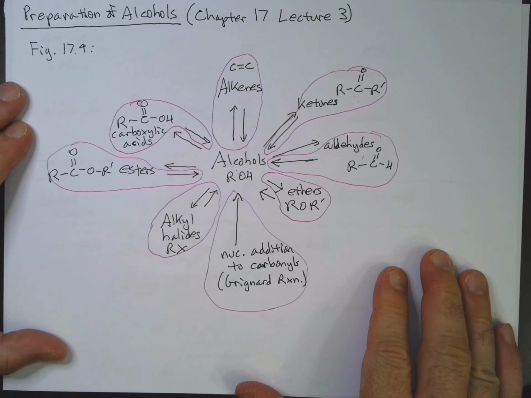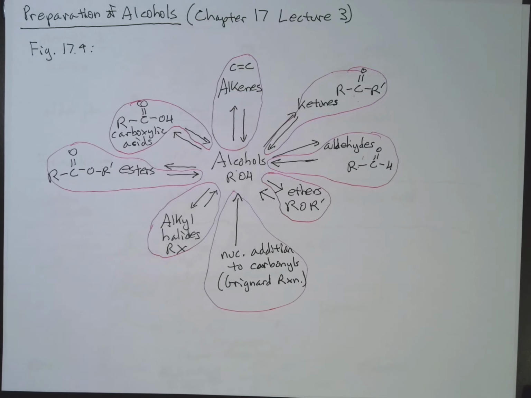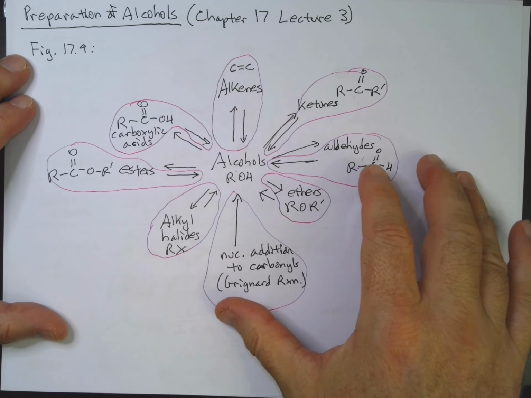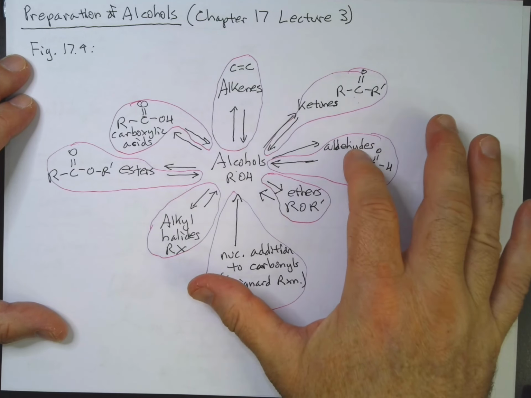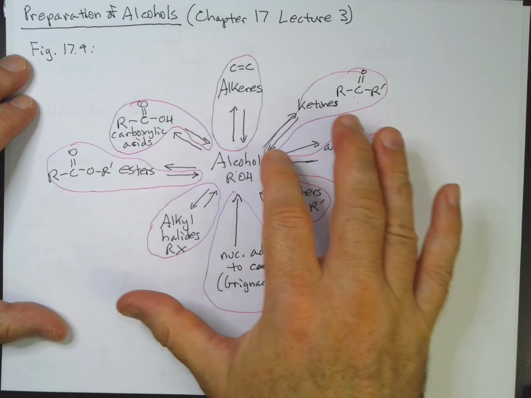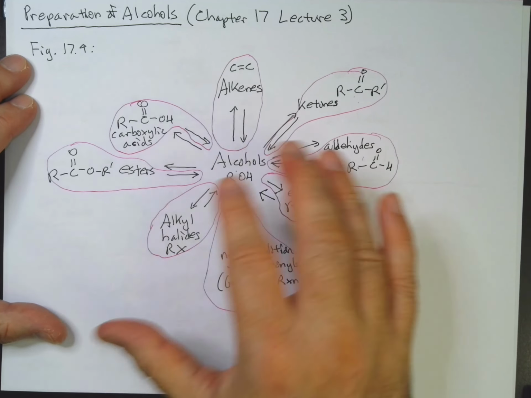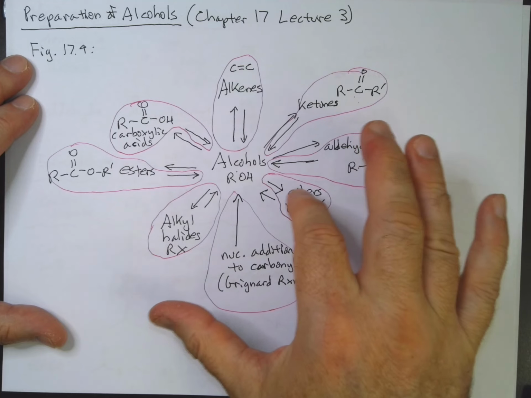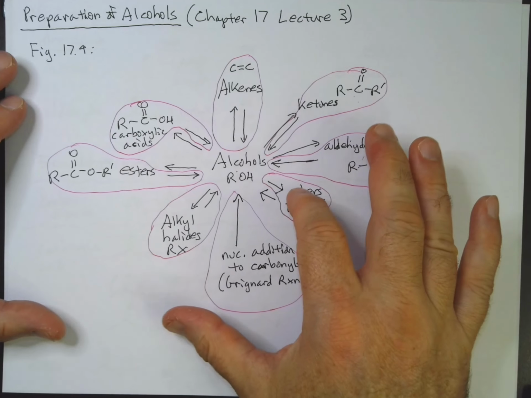All right, so in the next lecture video, we'll go ahead and take a look at some of the other ways here. So making a ketone or an aldehyde from an alcohol, or making a carboxylic acid from an alcohol, or making an ester from an alcohol. And we'll actually talk about making ethers from alcohols and a little bit more, I think.